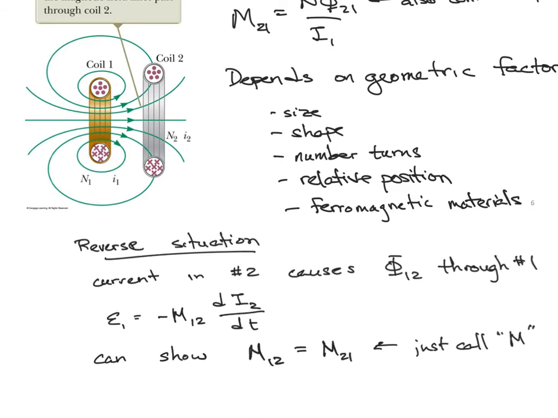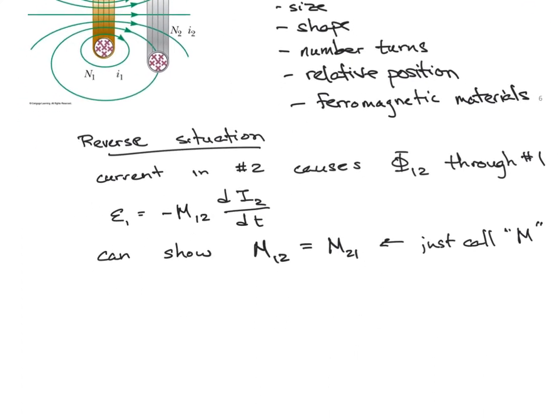And so with that, you can get to the fact that your induced EMF in coil number 1 is just due to a change in current in coil number 2, and your induced EMF in coil number 2 is due again to a change in current in its neighbor, coil number 1.